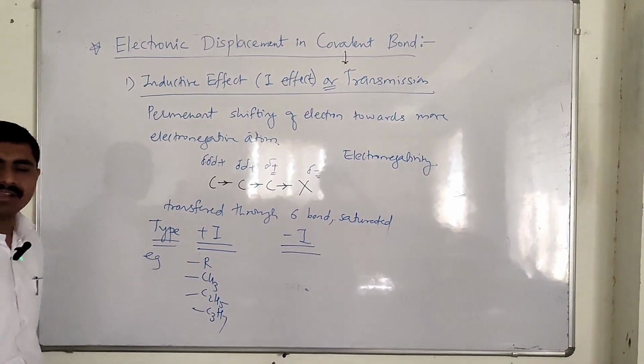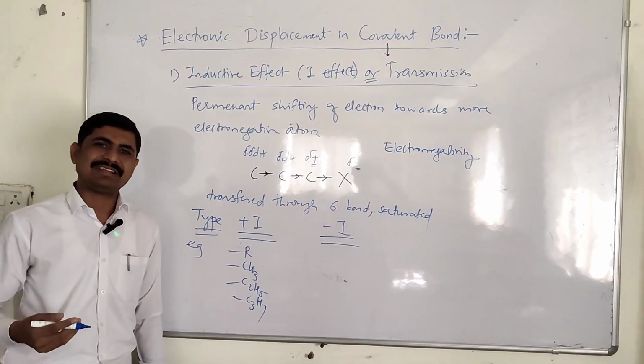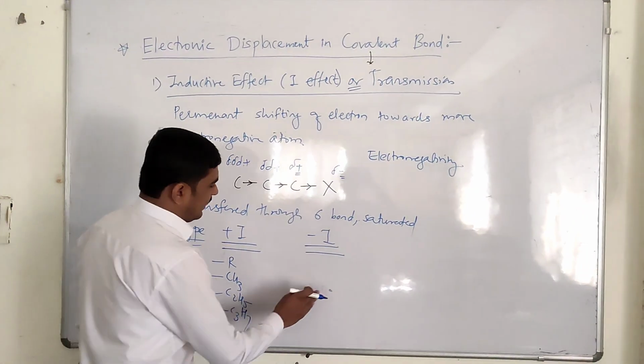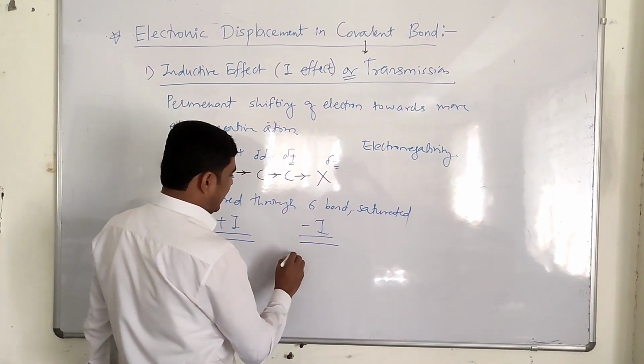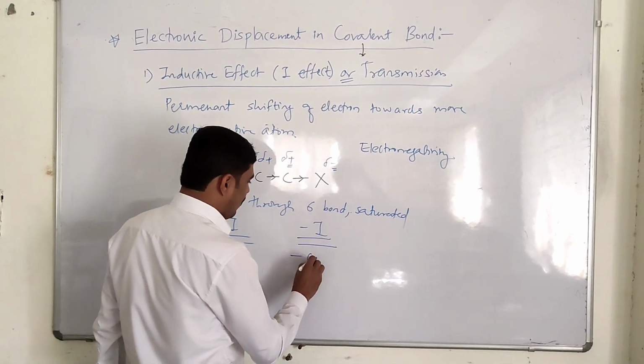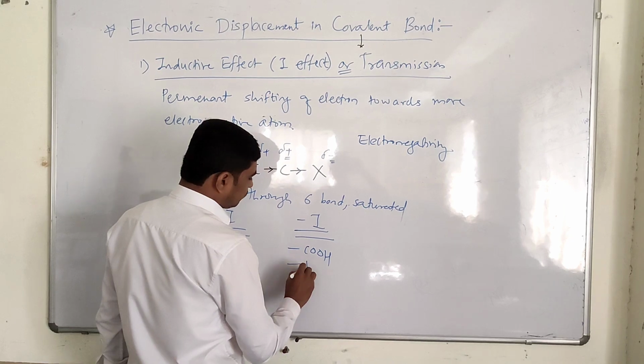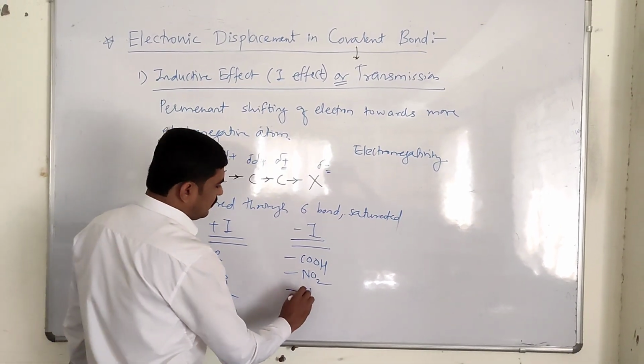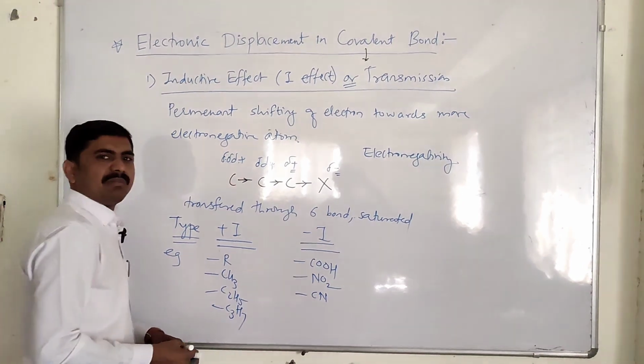These groups try to release electrons. Minus I effect is shown by some functional groups like COOH, NO2, and the cyanide group.